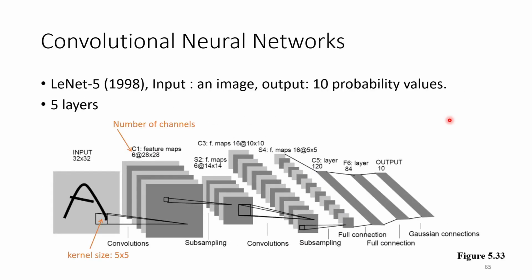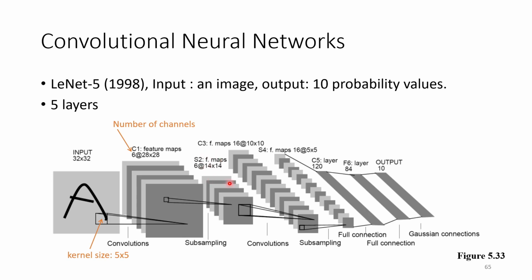And let's go back to the simple AlexNet. So here, Yann LeCun used 6 convolution kernels. So the first layer has 6 channels, and through the max pooling, the number of channels stays the same, 6. So you can see the number 6 here, and the resolution is 28 by 28.